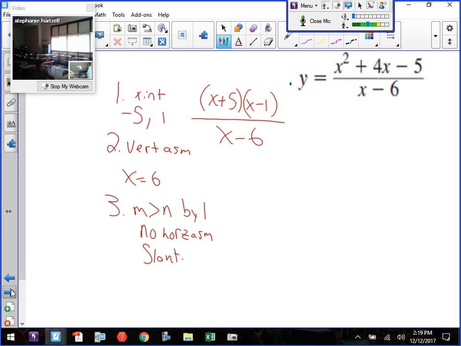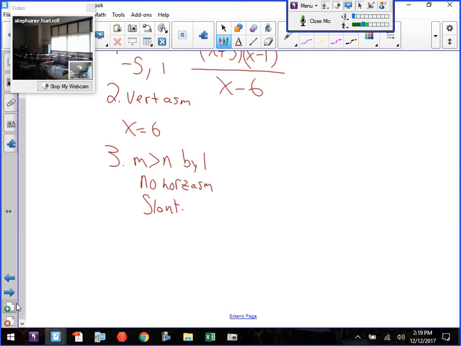And guess how you find your slant asymptote? Correct. Take another guess. There's an S in it. I'll give it to you. You find a slant asymptote by long division.